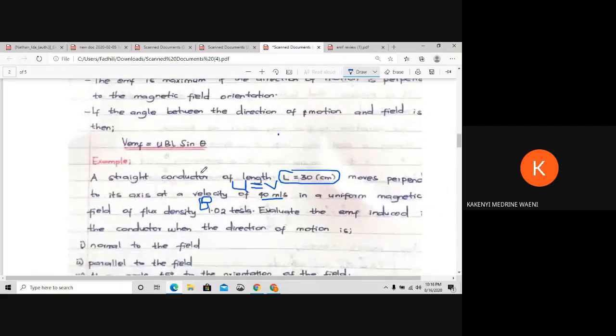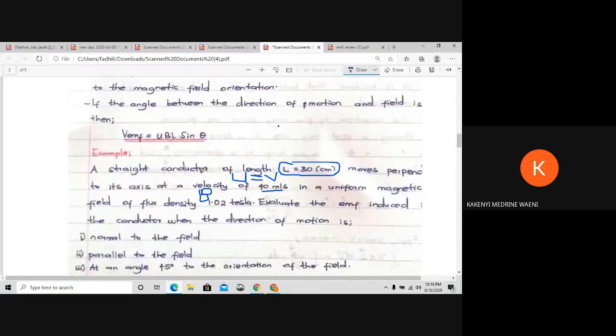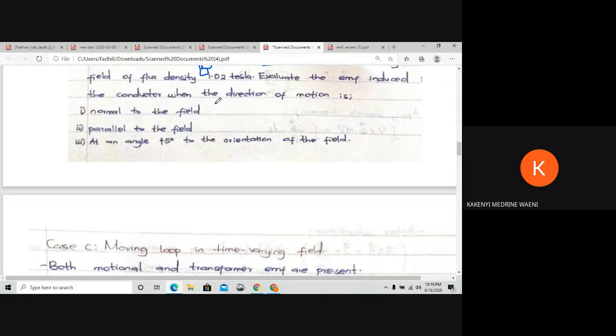Normal to the field will be at 90 degrees. Then parallel will be at 0 degrees, and then this one is 45.